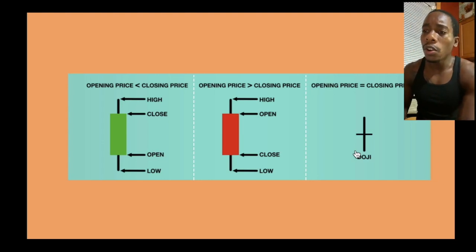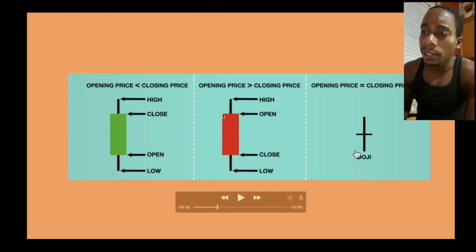So now looking over at the bearish candlestick, you would notice that the high of the wick shadow starts at the top. It opens, however, the candlestick, the full body, it opens here. Now the action of this candlestick goes down.